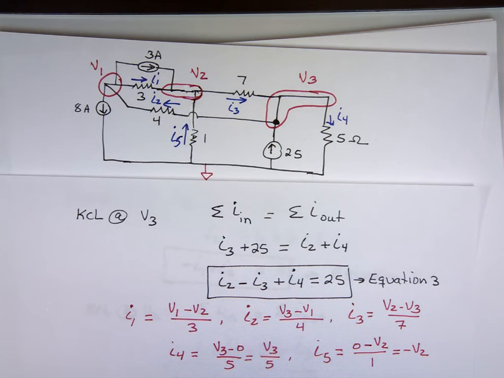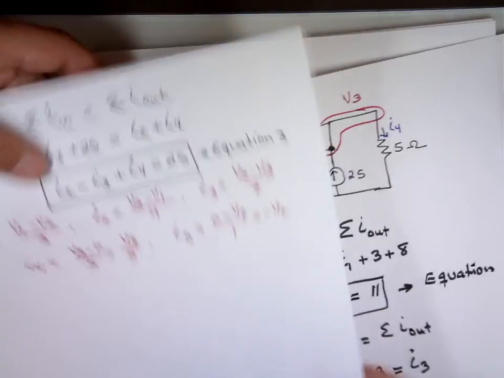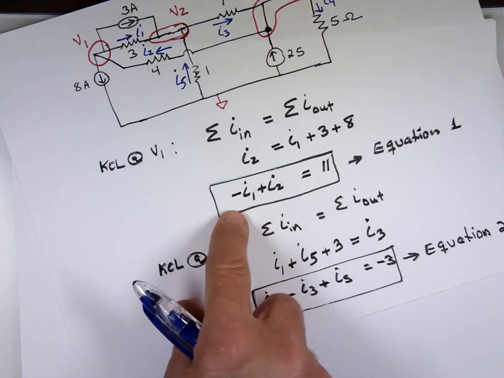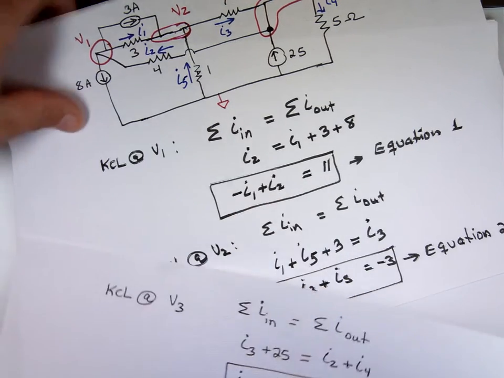So now I'm going to go back to my 3 equations that we had earlier and do what with them? Rewrite them in terms of the voltages. Here we go. Let's take the first equation. That's this one. 11 equals negative I1 plus I sub 2. So let me take that equation.